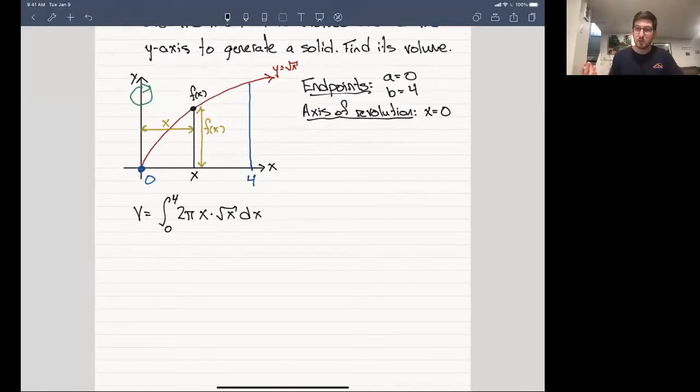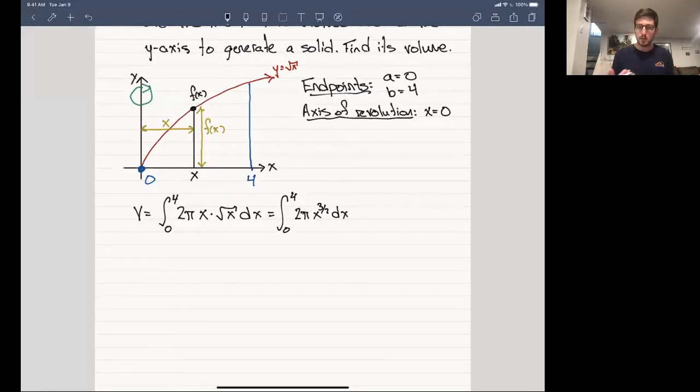Now it's just, I'd like to say a calculator problem, but it's not a calculator problem, right? It's just a straight sort of basic integral calculus problem. So we boiled it down from a word problem to a nice thing that we can solve. And so this gives me the integral from 0 to 4 of 2 pi x to the 3 over 2 dx. This is a nice, relatively mild integral.